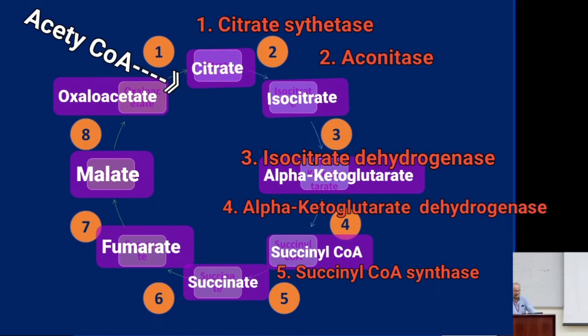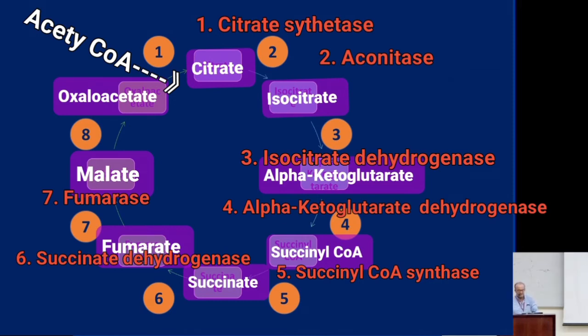GTP or ATP are about the same, have the same energy in them. You produce succinate. Succinate dehydrogenase produces another high energy bond when it's converted to fumarate, in the form of FADH2.